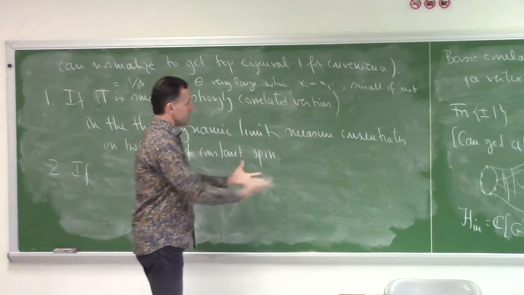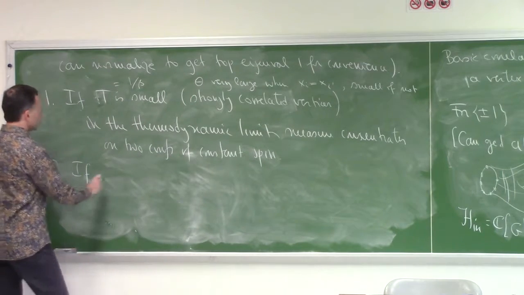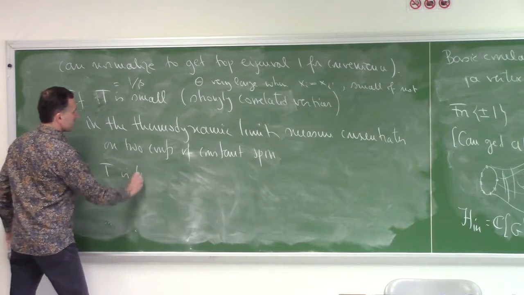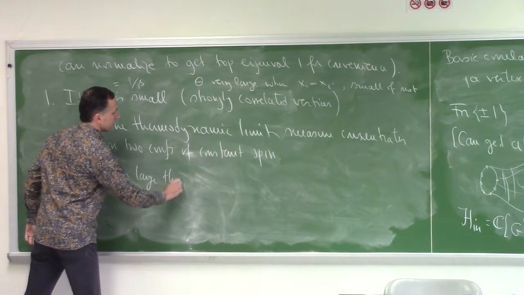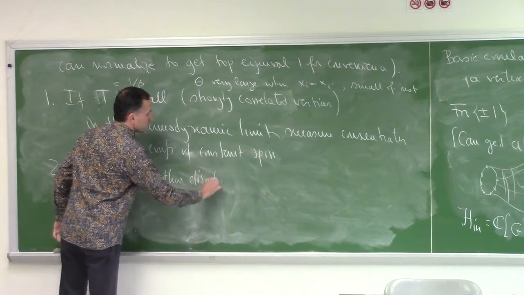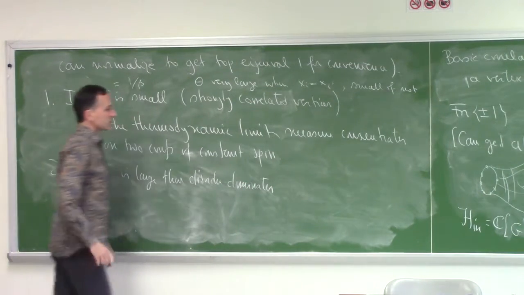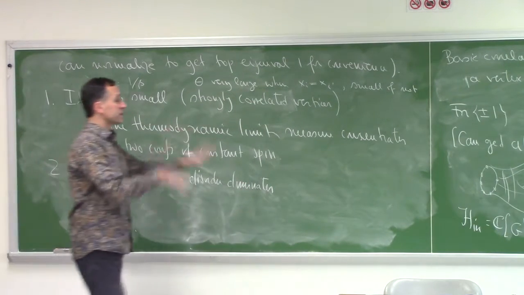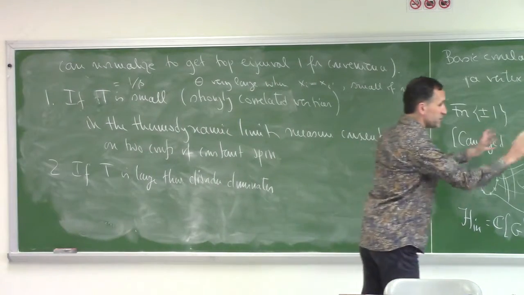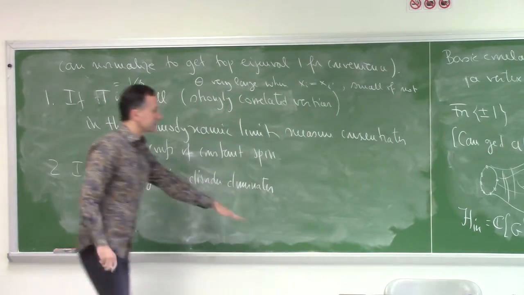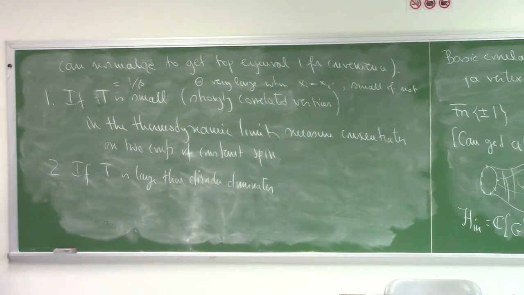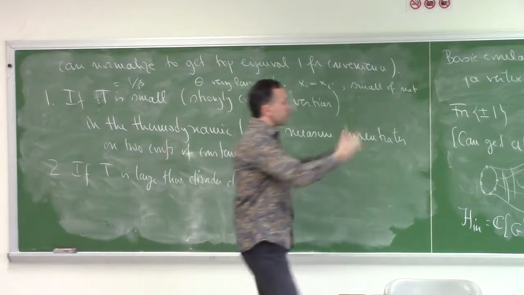Intuition tells you this is what should happen. And 2, if T is large, then this disorder dominates. There will be infinitely large areas of either sign of the spin in the big random configurations. I'll make a more precise statement in a second. In other words, the coupling is no longer powerful enough to overcome the inherent randomness in the system.